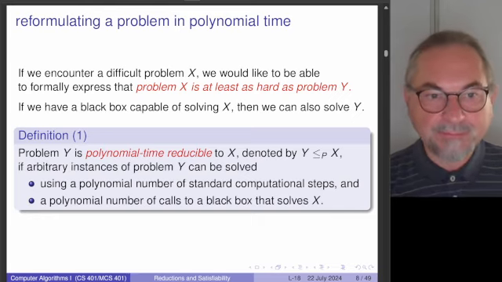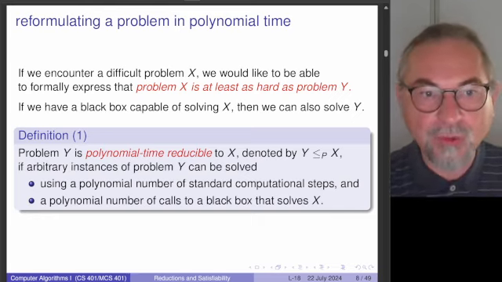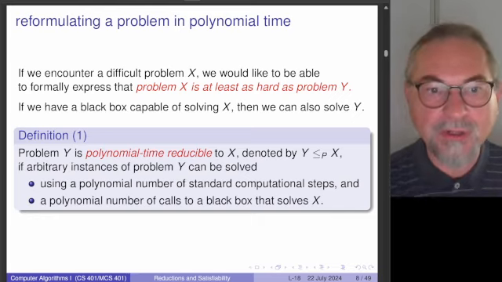If Y is polynomial time reducible, that means that any instance of the input of Y can be translated into an input for X in a polynomial number of standard computational steps. That means in the terminology of this course that there is an efficient algorithm which scales very well asymptotically.